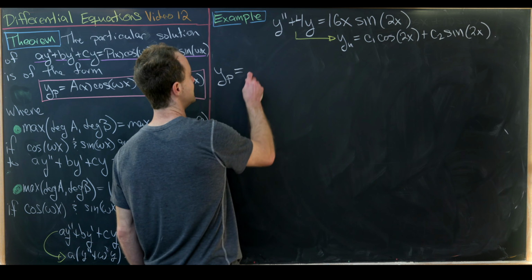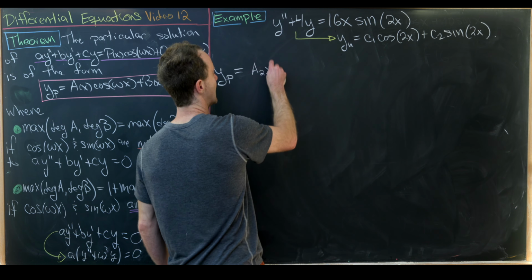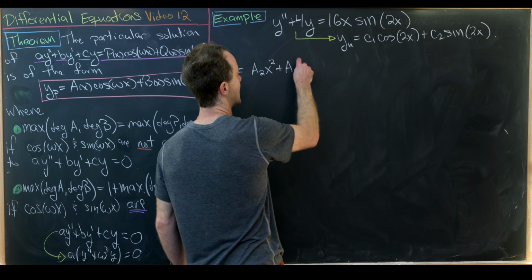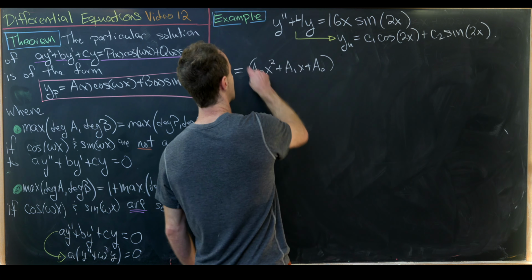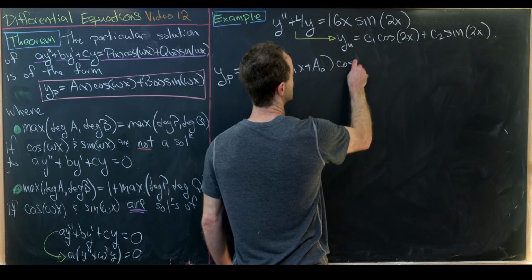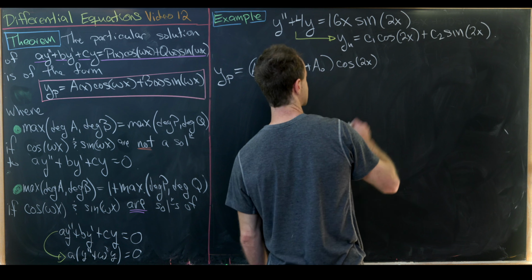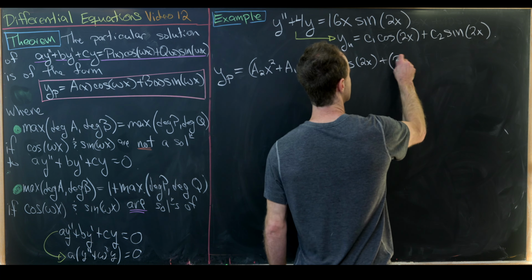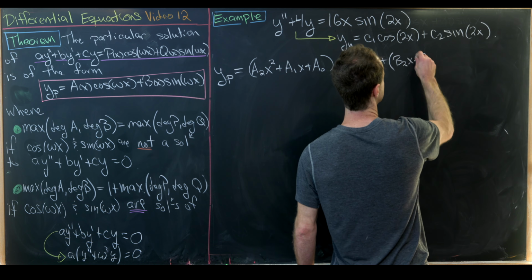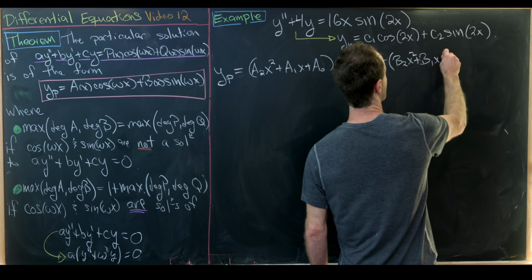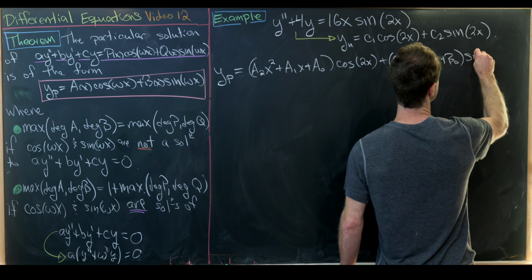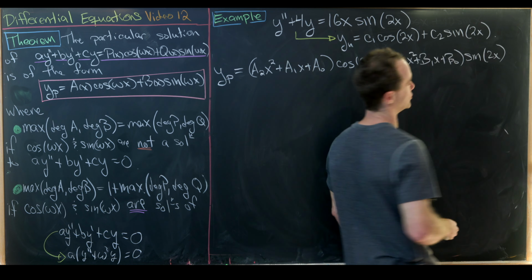So we have yp is equal to a2x squared plus a1x plus a naught times cosine of 2x, and then plus b2x squared plus b1x plus b naught times sine of 2x.